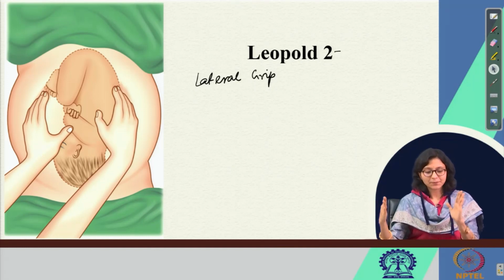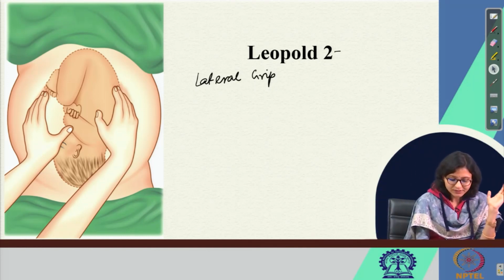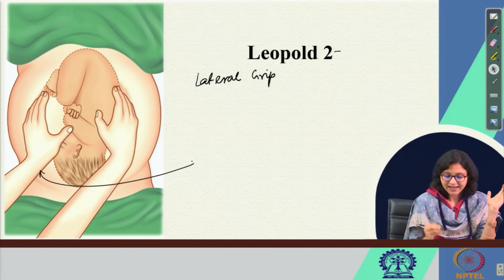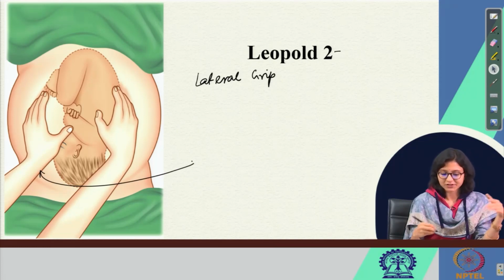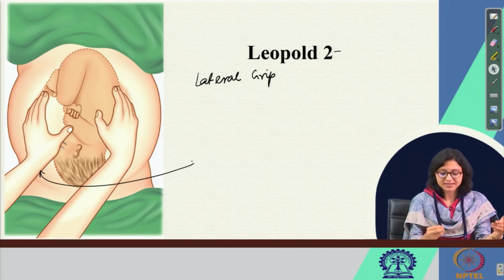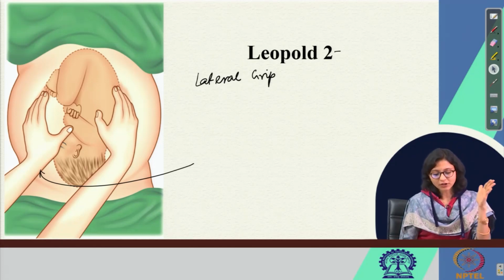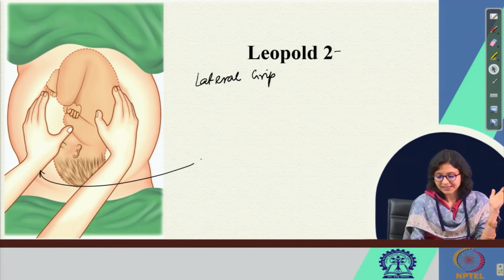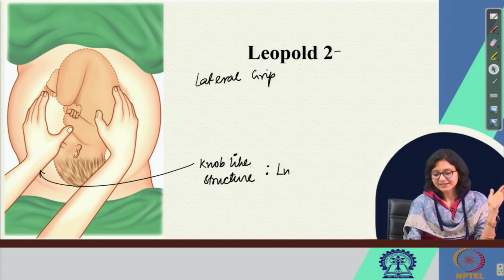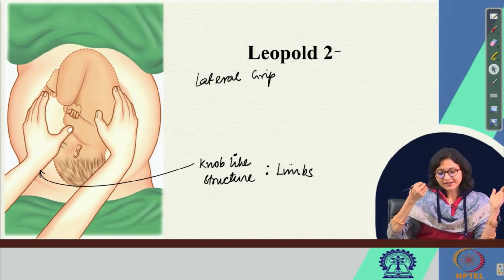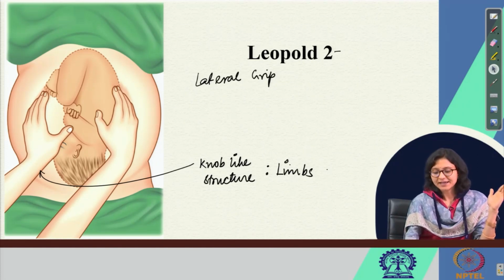As per the position of the fetus in this picture, your left hand will be palpating some irregular, knob-like structures. So, you come to the conclusion that on the maternal right side are the limbs of the fetus.